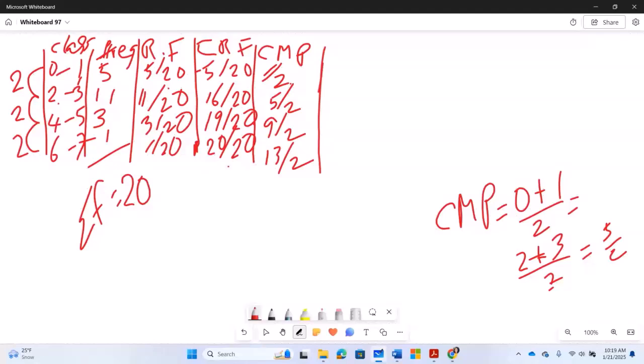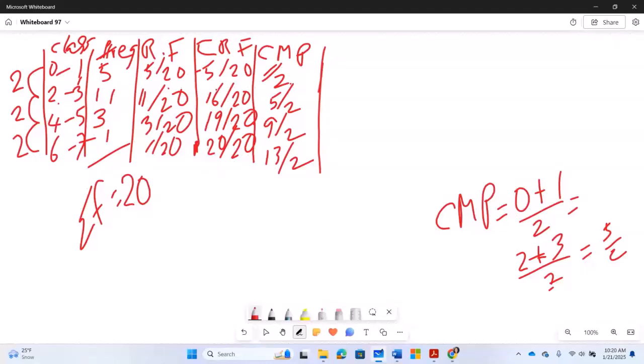In other words, you add up all the relative frequencies and your answer is going to be 20 over 20 because the total frequency is 20. And so that is how to create the cumulative relative frequency.